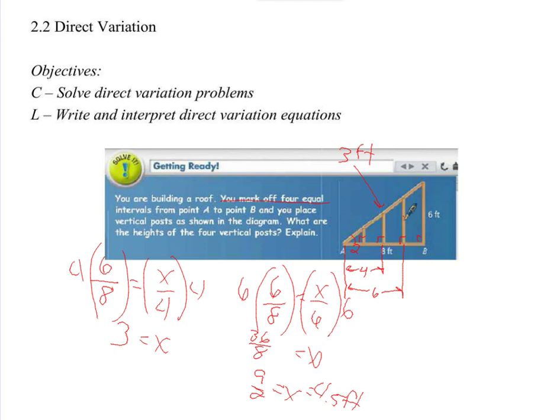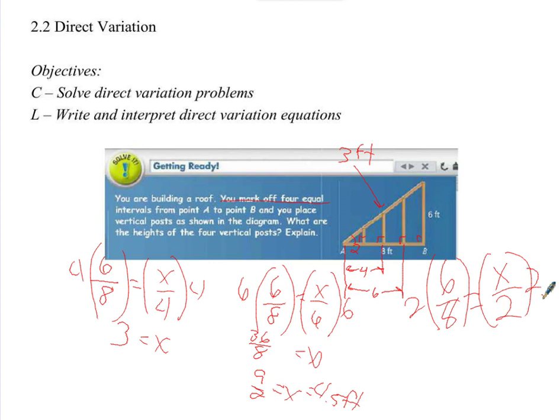Now let's do the shorter one. Set up a new proportion. Now what do I do? Multiply both sides times 2.